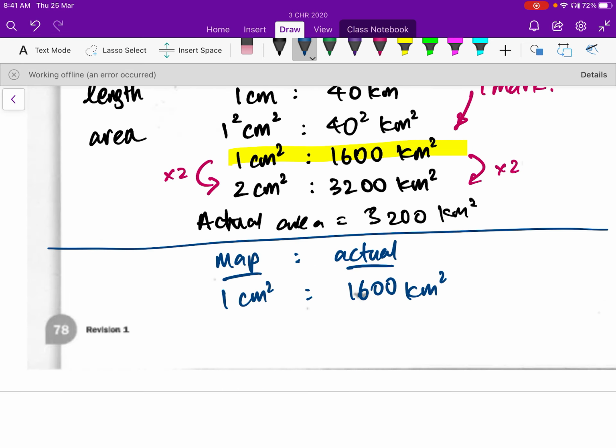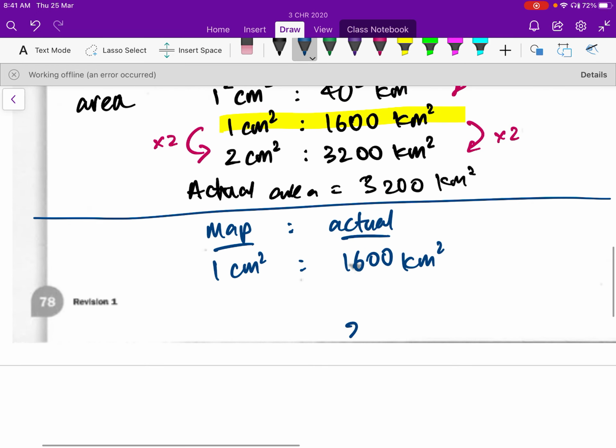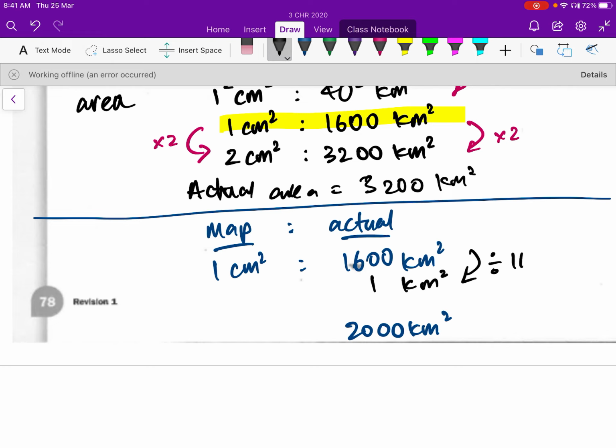So since we require 2,000, if you do not know, what should we do? Then you can go down to 1 square kilometer first. Okay, 1 square kilometer. So here you divide by 1,600. So you will also need to divide by 1,600. Then after you have 1 square kilometer, then you multiply by 2,000.